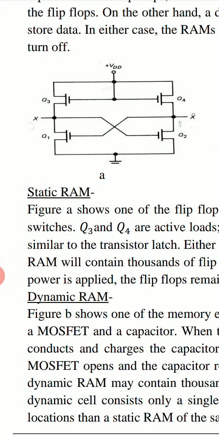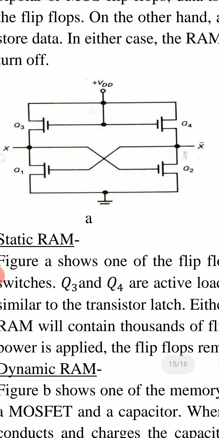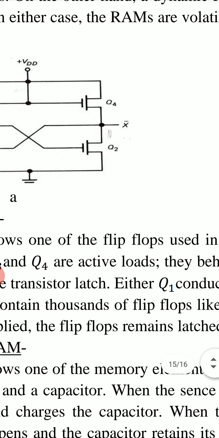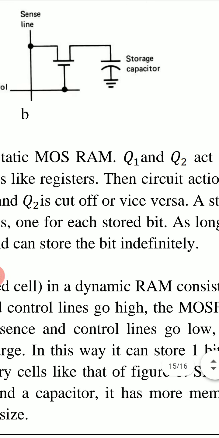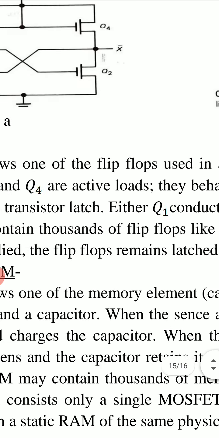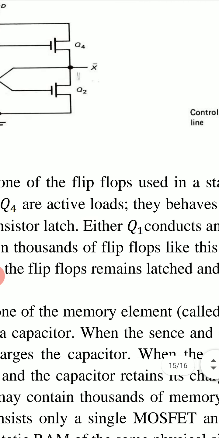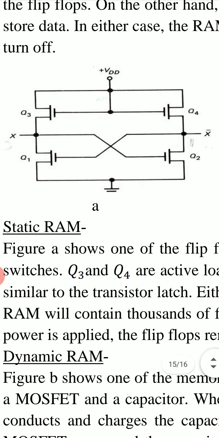We have 4 MOSFETs Q1, Q2, Q3, Q4 connected in this way. Q1 and Q2 act like switches and Q3 and Q4 are active loads.